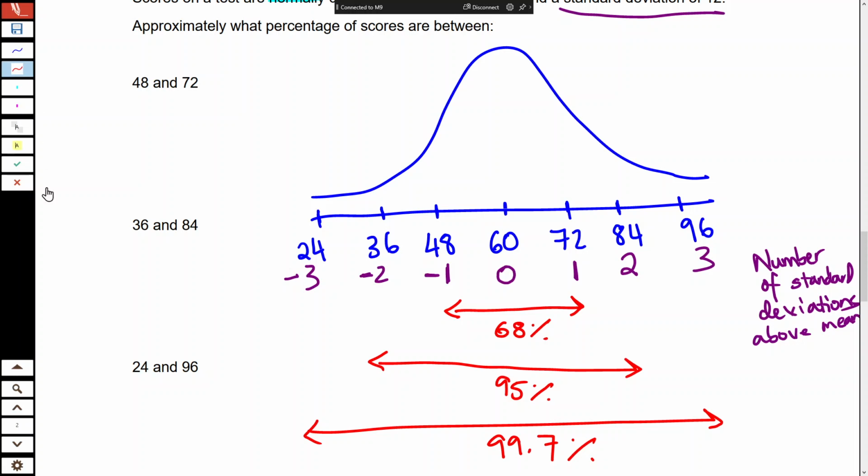So once you've drawn the diagram and you've got all of this in place, this is a very straightforward question. The answers are just 68, 95, and 99.7. I can only use those numbers.